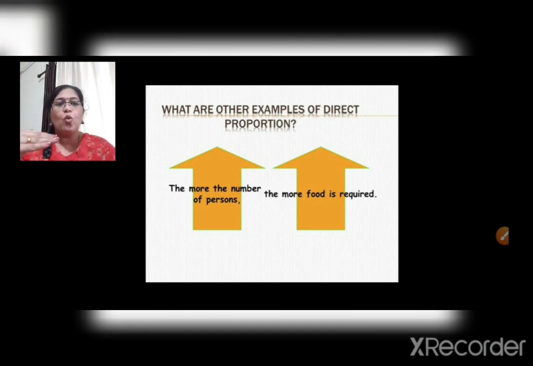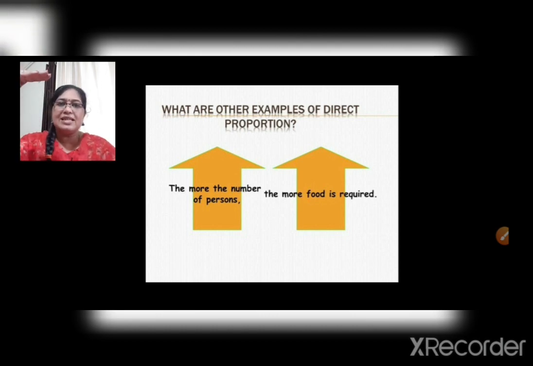So when one is increasing, the other is also increasing, which means it is direct proportion. When the number of people decreased, the food to be given also decreased. When one is decreasing, the other is also decreasing, which means it is direct proportion. Together decreasing or together increasing means it is direct proportion.